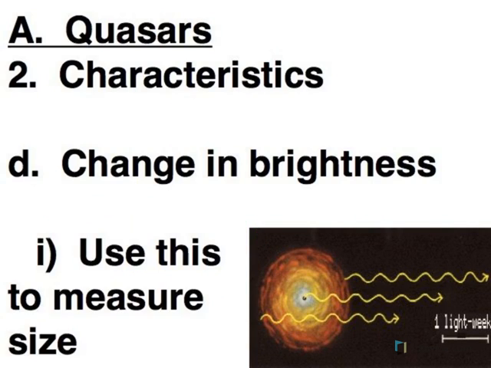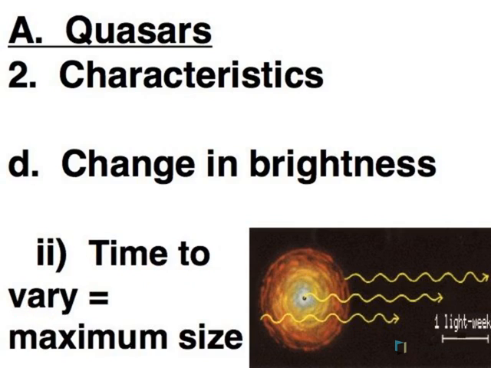Well, it turns out when things change in brightness, we can actually use this to figure out the size, as strange as that may seem. And in general, the time to vary in brightness gives us the maximum size.